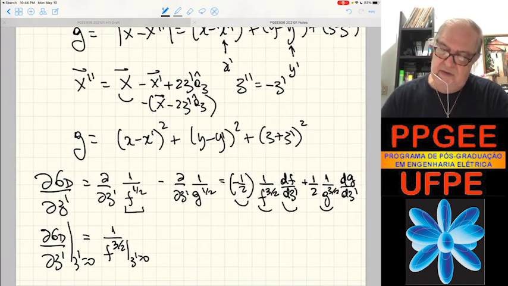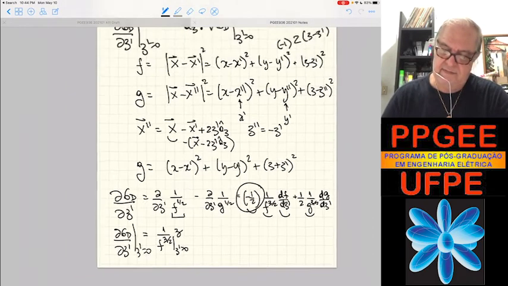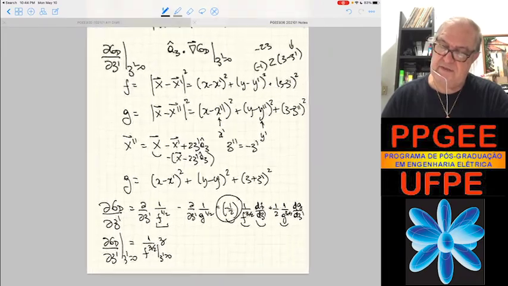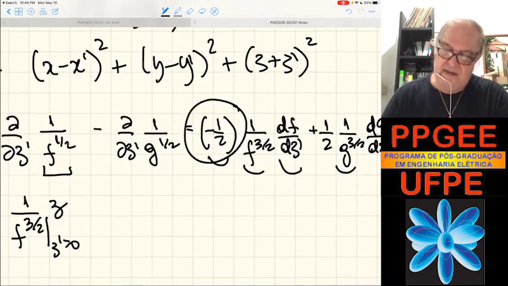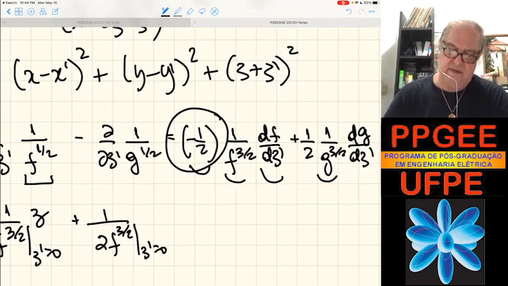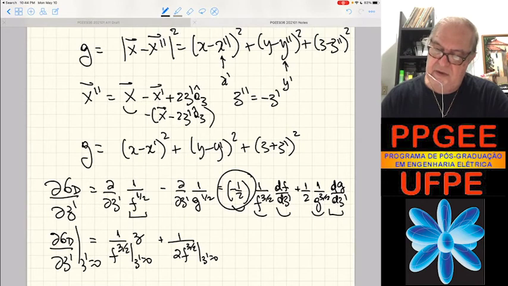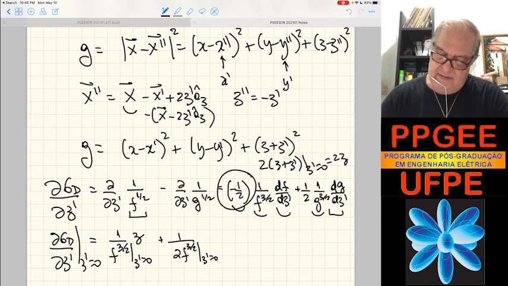So minus 2z times minus 1/2 is going to be z. That's what happens for the first term. The second one is plus 1 over 2 f to the 3/2 at z prime equals 0 times dg/dz prime. dg/dz prime equals 2(z plus z prime) at z prime equals 0, which equals 2z.